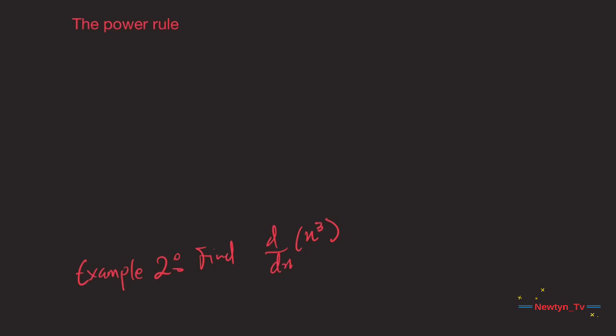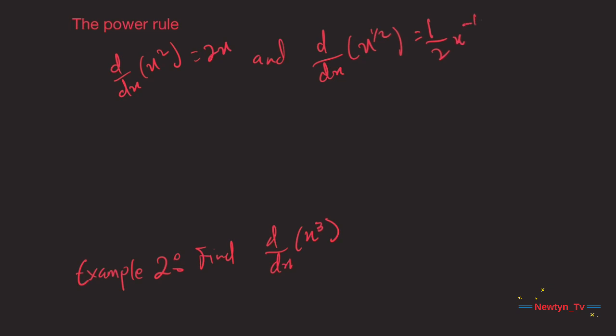Now let's talk about the power rule. From our previous video about differentiation, we showed that d on dx of x squared is equal to 2x, and d on dx of x exponent half will be equal to 1 on 2 x exponent negative half.